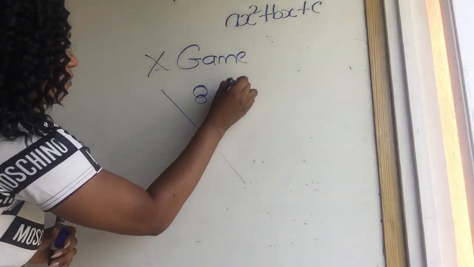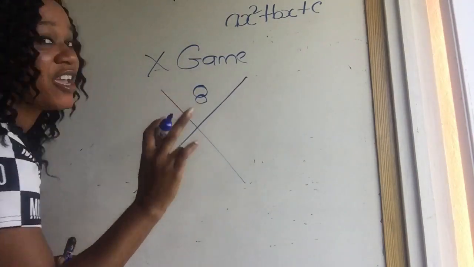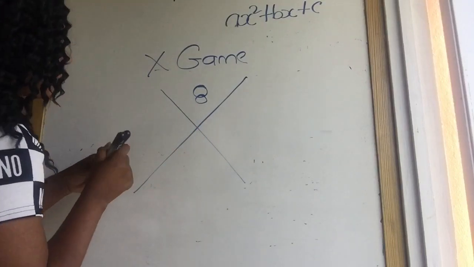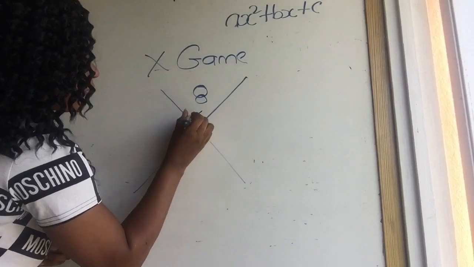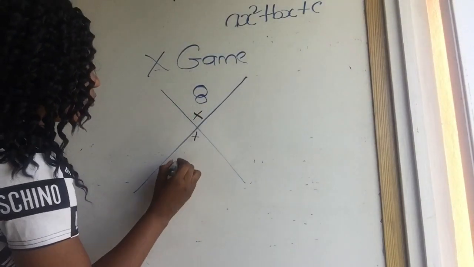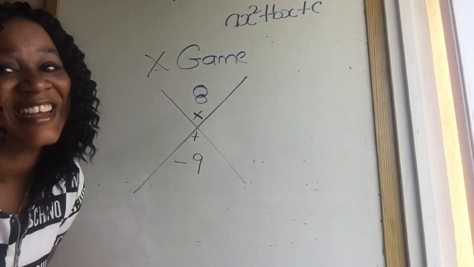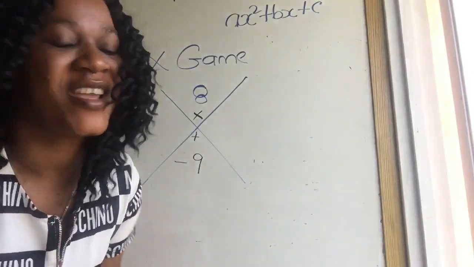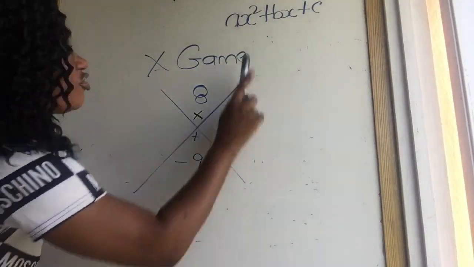So this is your X game. I need two numbers that when I multiply them, I get a positive 8. When I add them, I must get a minus 9. That's an X game.